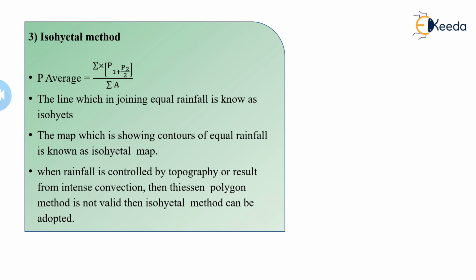Here we can find the average precipitation using this equation: P average is equal to the summation of area multiplied by the average of P1 and P2, that is, the average precipitation of a particular area multiplied by that area, divided by the total area.